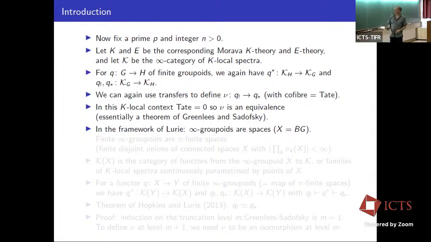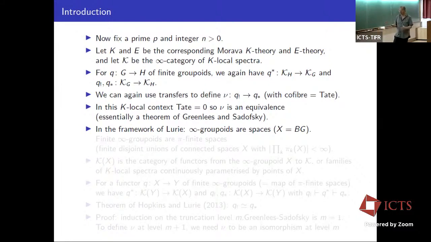And a groupoid G is an ordinary groupoid, which is a special case of an infinity groupoid. The way this relates, we say infinity groupoids correspond to spaces via the classifying space construction.